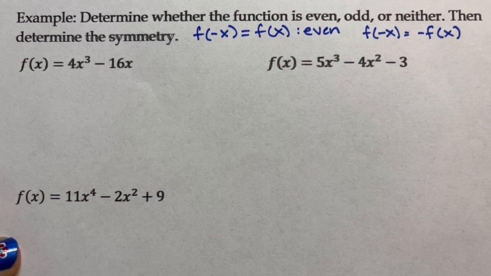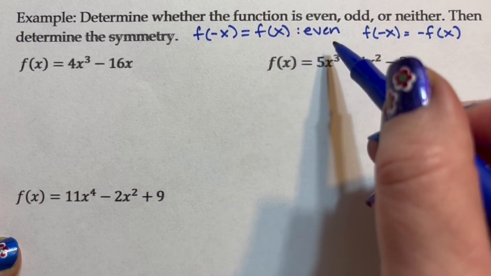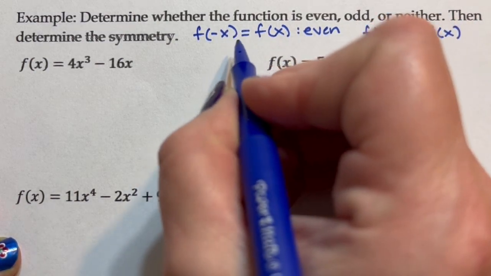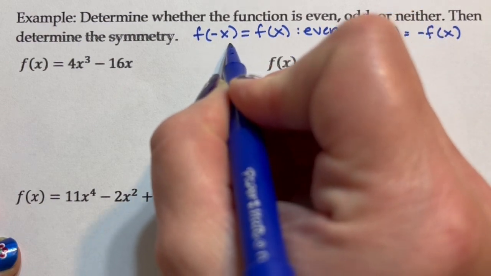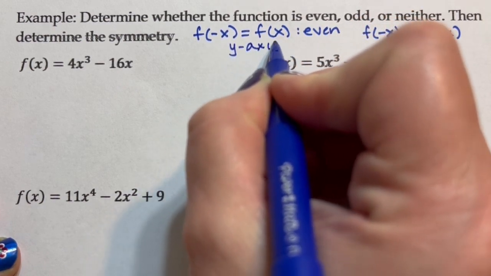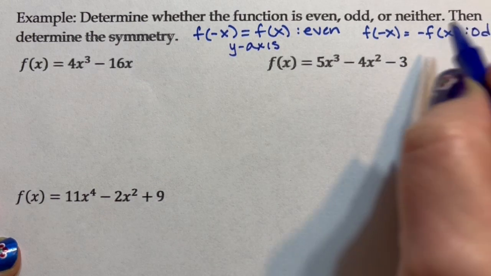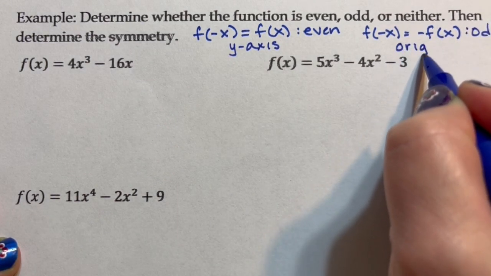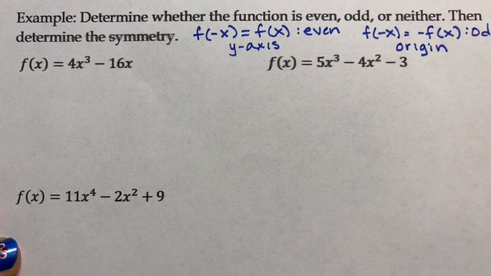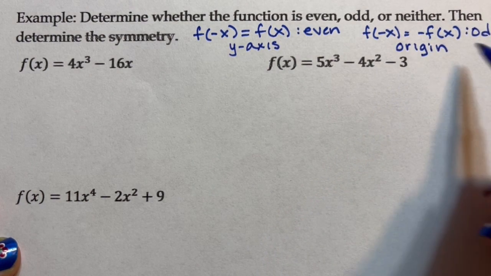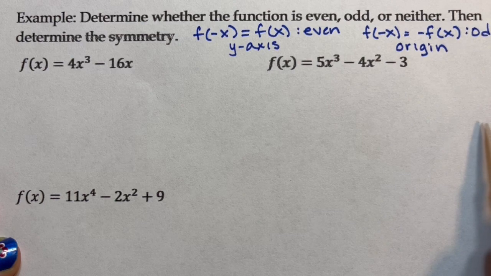Anything that is even is symmetric over the y-axis, and anything that is odd is symmetric about the origin. So it's point symmetry, which means it's rotational symmetry.